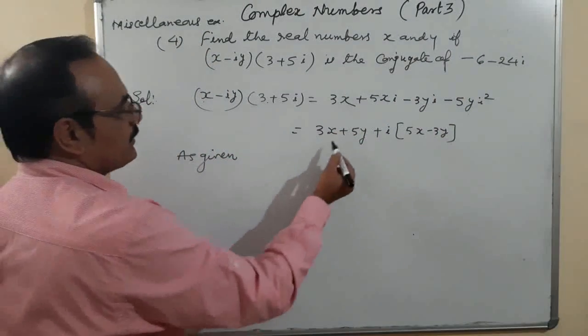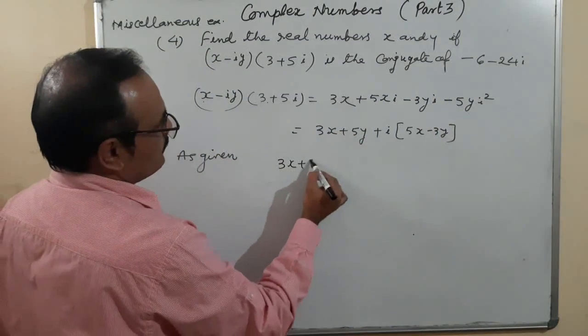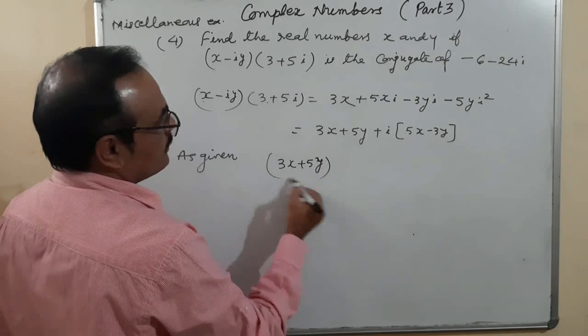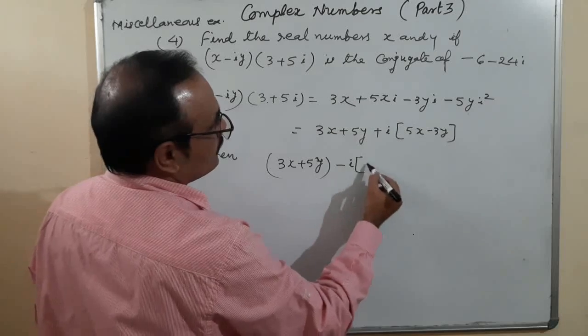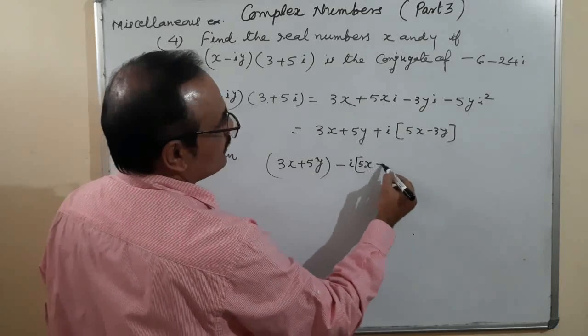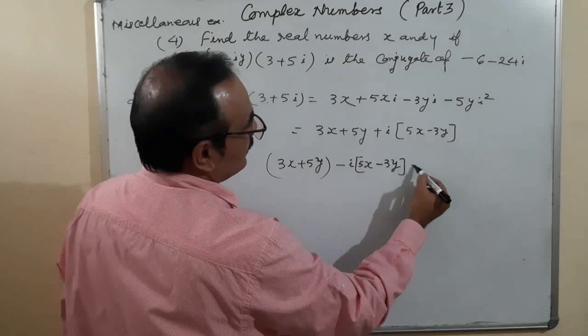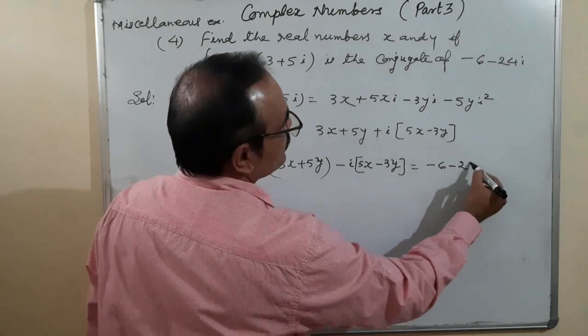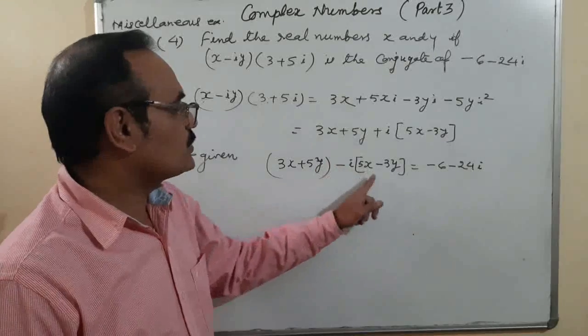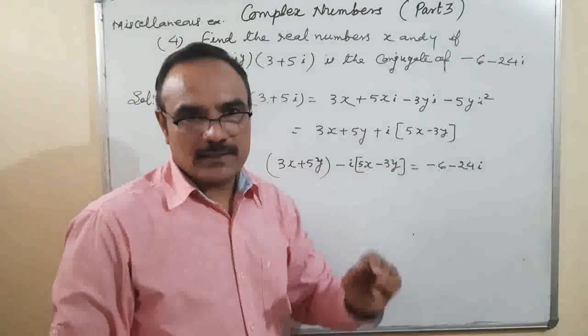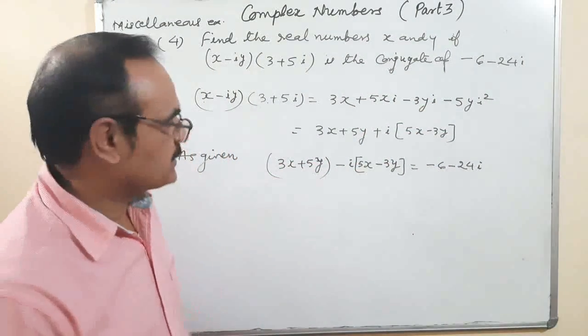As given, 3x plus 5y minus i times (5x minus 3y) is equal to minus 6 minus 24i. Its conjugate is this. Now we compare the real part and imaginary part.